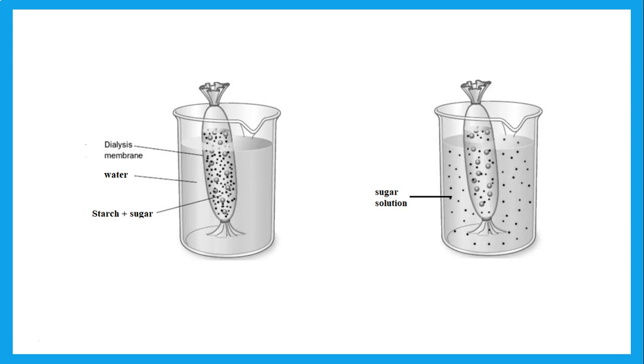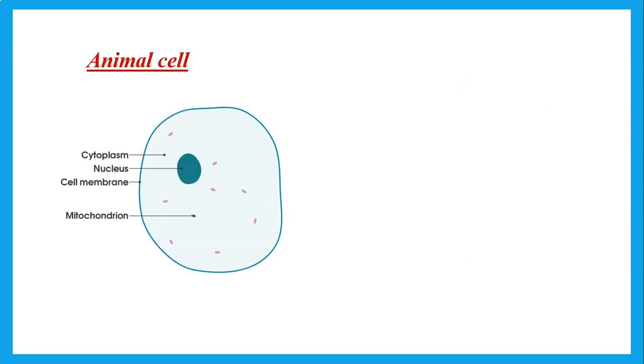Then in that case, that is osmosis. But if I'm talking about movement of the sugar molecules out of the tube, because the sugar molecules are small, the starch molecules are large, so they will not be able to pass across the semi-permeable membrane. But movement of the sugar molecules out of the tube, that is diffusion, not osmosis.